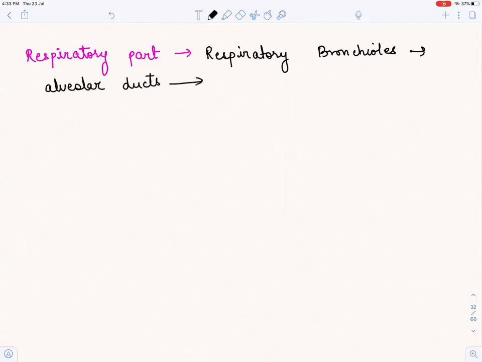Alveoli are the main sites for gas exchange. So respiratory bronchioles begin the respiratory part of the respiratory system. Let us now draw and understand.